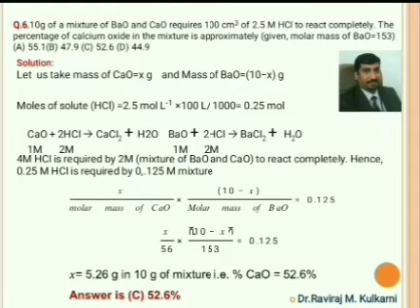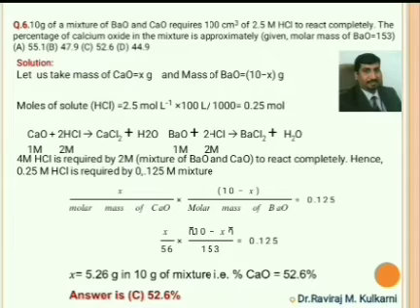The percentage of calcium oxide in the mixture is approximately? Molar mass of barium oxide is 153 given. Option A is 55.1, option B is 47.9, option C is 52.6, and option D is 44.9. Solution.